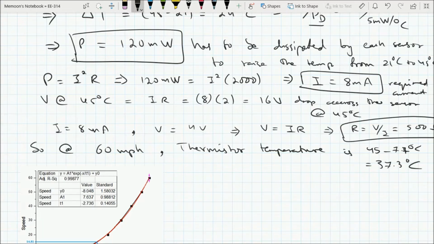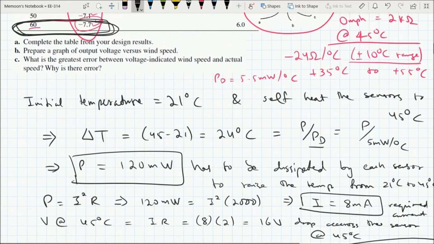and that comes out to be 37.3 degrees Celsius. And now this change in temperature was due to the change in temperature of the surroundings, not due to this self-heating. Due to the self-heating, the temperature was already at 45 degrees, but due to the change in environmental temperature, now the thermistor's temperature is 37.3 degrees, or it has been decreased by 7.5 degrees approximately.